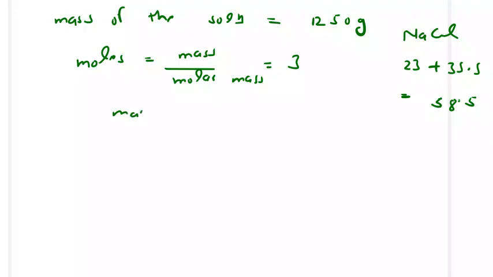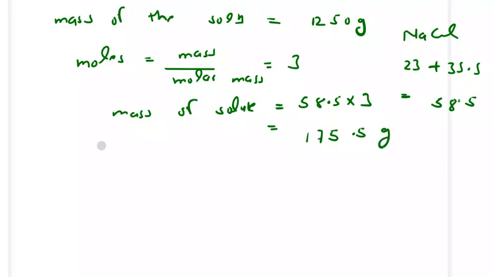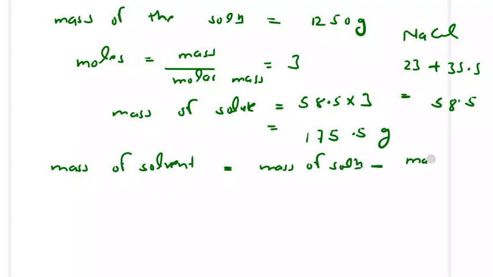Mass of solute is equal to 58.5 multiplied by 3, which is 175.5 gram. Okay, mass of solvent is equal to mass of solution minus mass of solute.